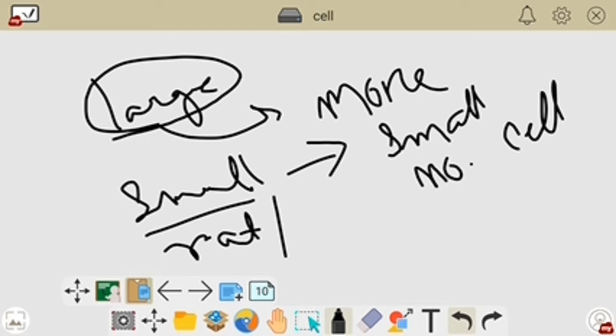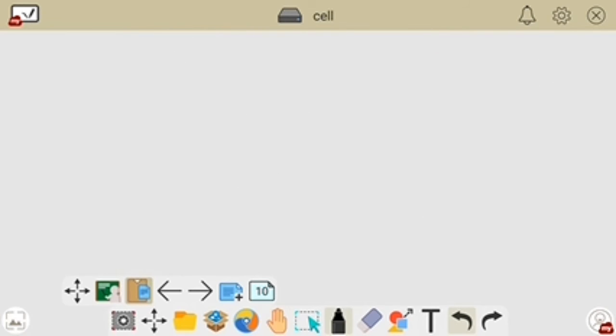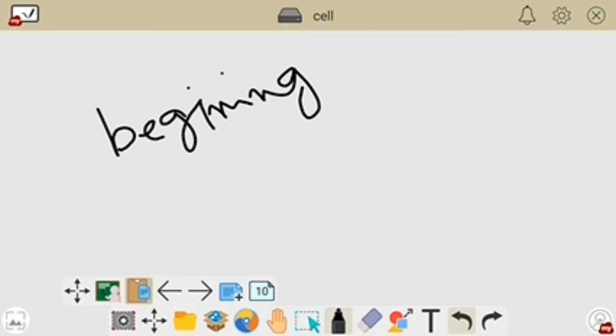But at the beginning of any life, you should note, there is only one cell present in the body.